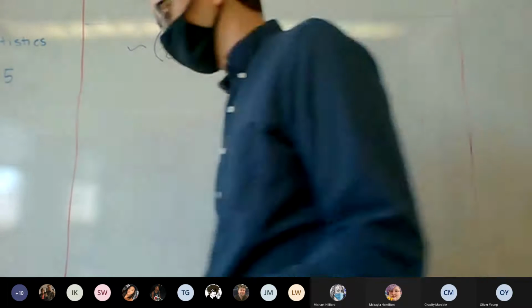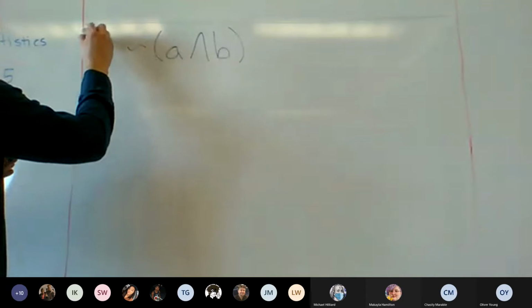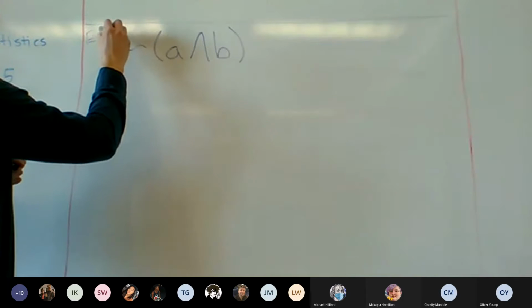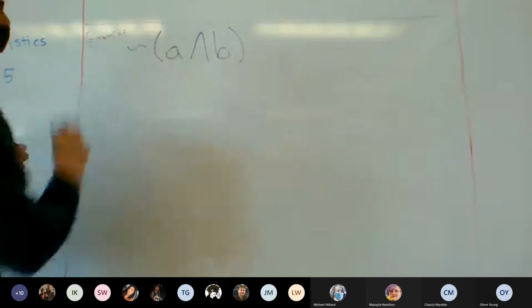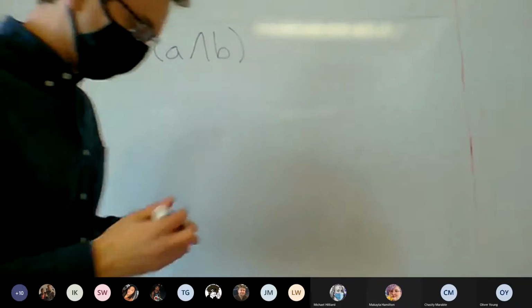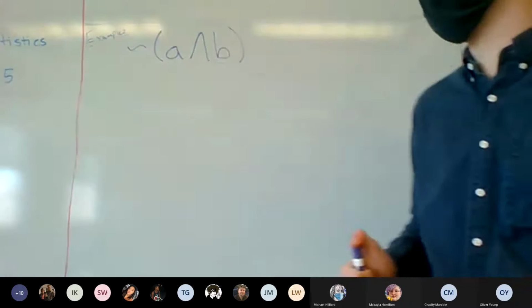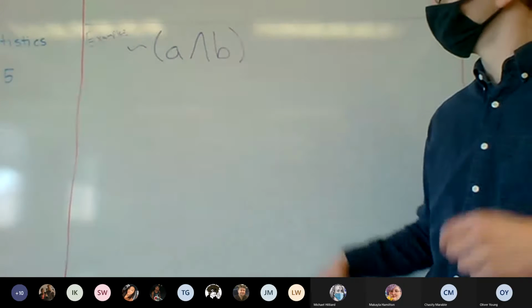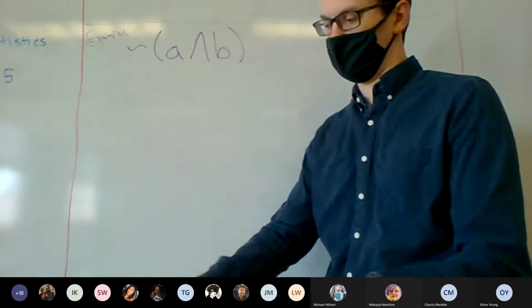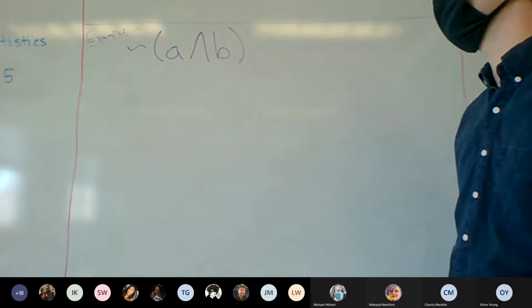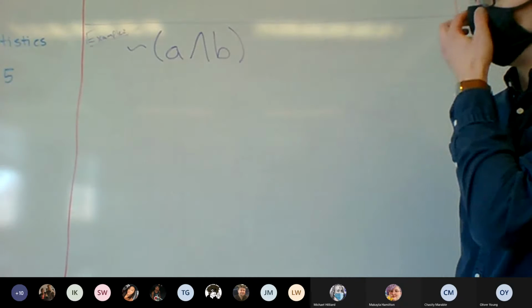By the way, I'm not writing what example this is. This would be example 2, if you like to keep your notes organized, enumerated by example. I'm not going by the text today. Normally at home I have the text open next to me and I just go through it, but all right.